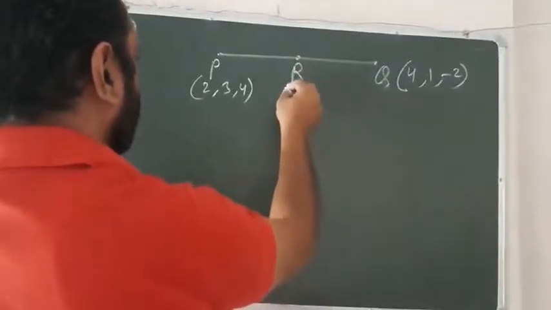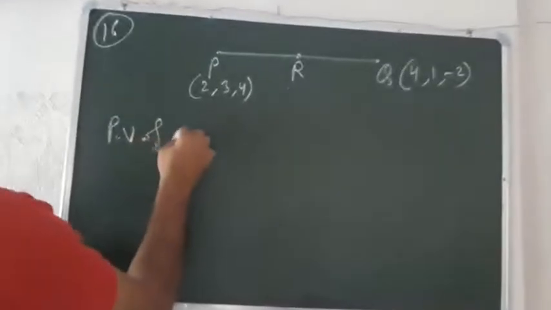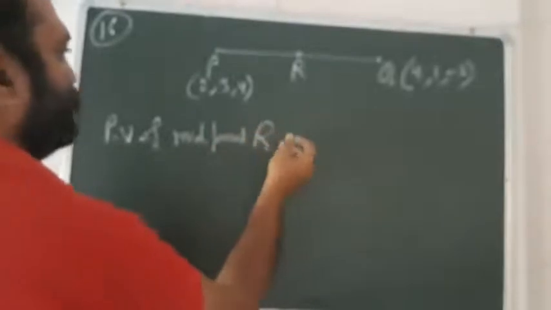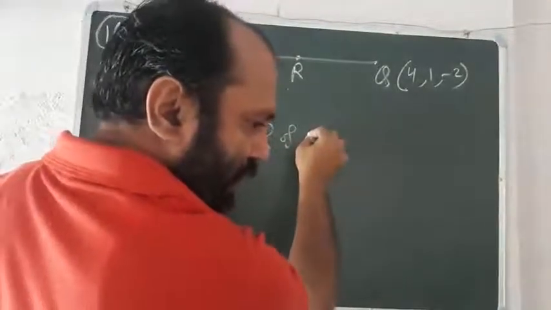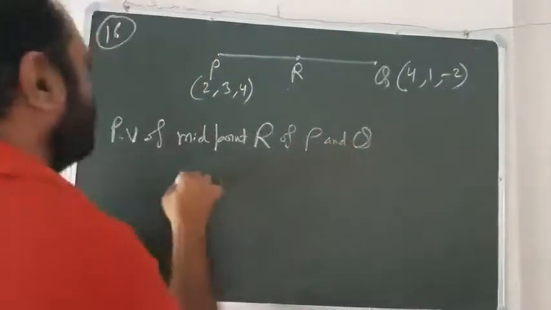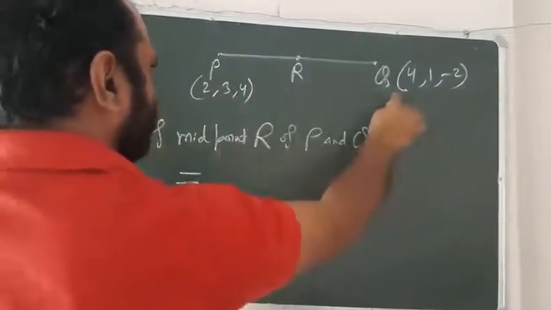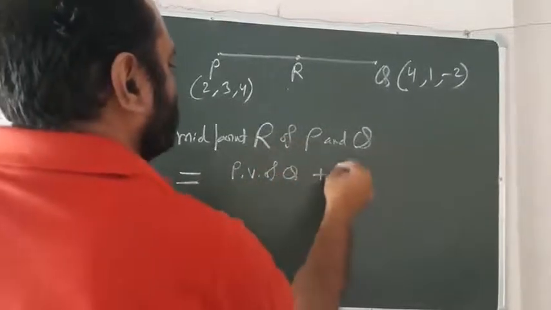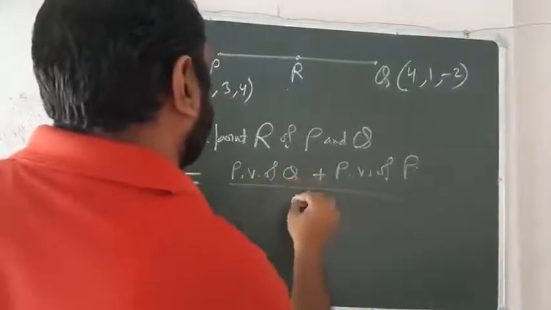So the position vector of midpoint R of P and Q is equal to, you can use the midpoint formula, position vector of Q plus position vector of P divided by 2.